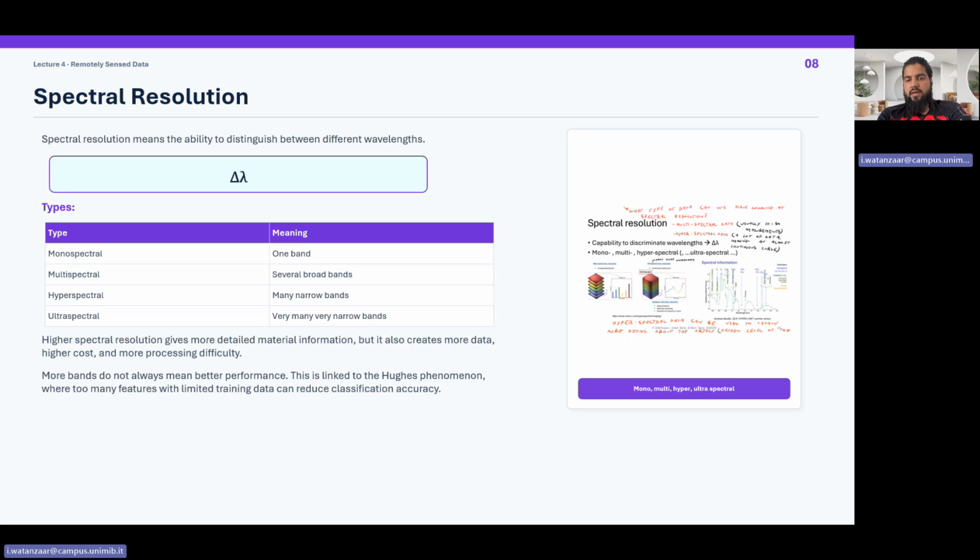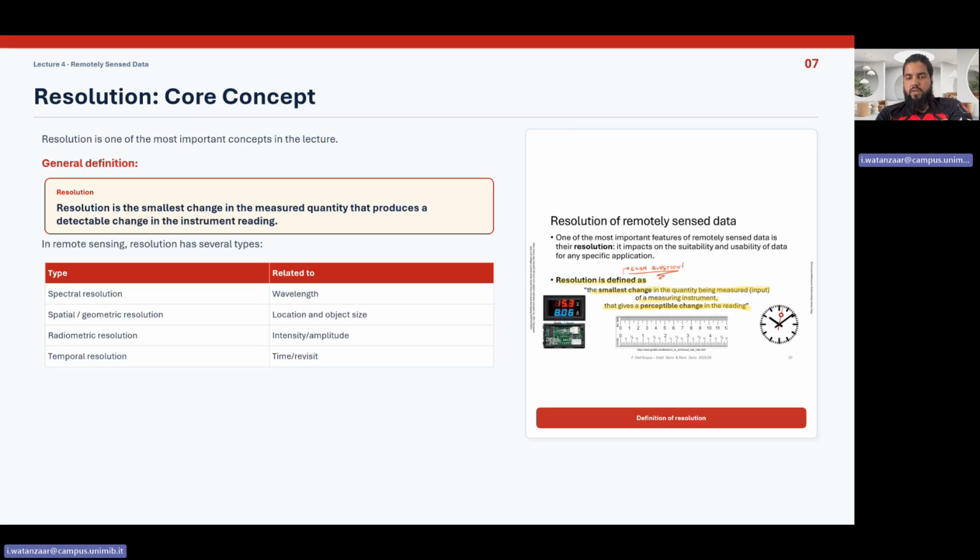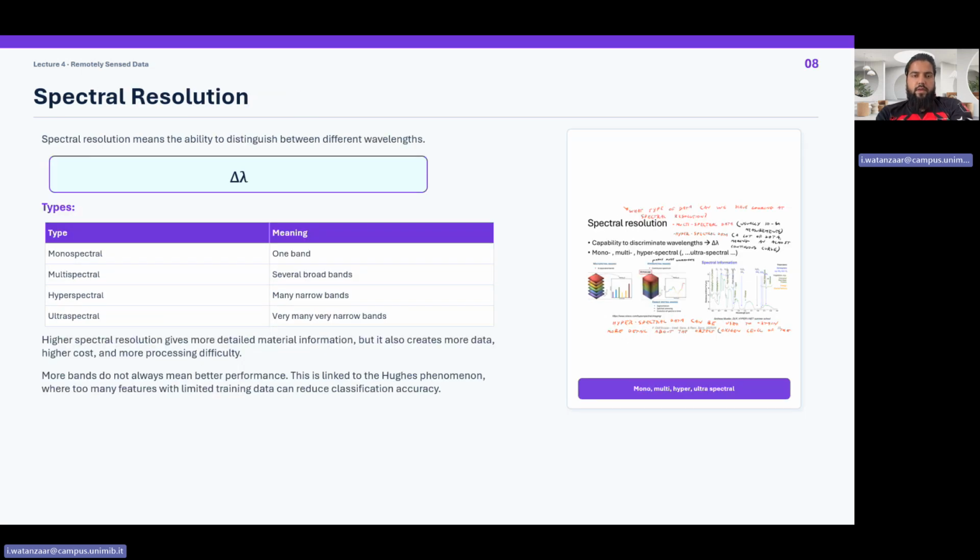It is exactly linked to classification accuracy, how accurately it is classified during processing. It is an important phenomenon to understand in spectral resolution if we are going towards multi, hyper or ultra spectral bands. It doesn't mean higher resolution is always better. This was one of the types of resolution we have seen.